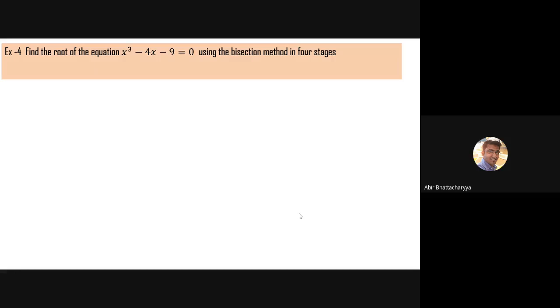Using the bisection method in 4 stages is mentioned. It's wrong, not in 4 stages. Update my question: use the bisection method up to 3 decimal places.